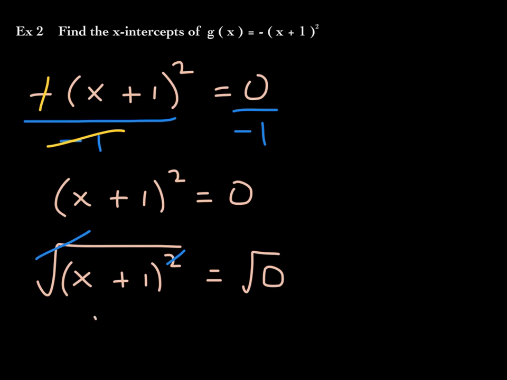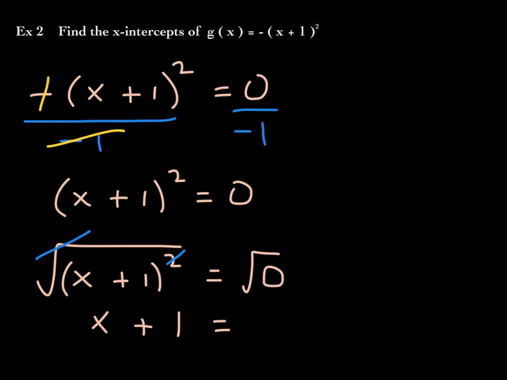So that you just have x plus 1 by itself is equal to, now remember that this notation, square root of 0, is asking you for the real number whose square is 0. Said another way, it's asking you for the number such that when you square it, you get 0.